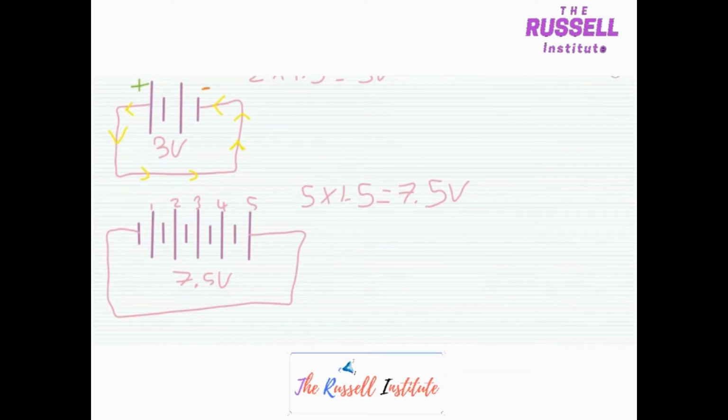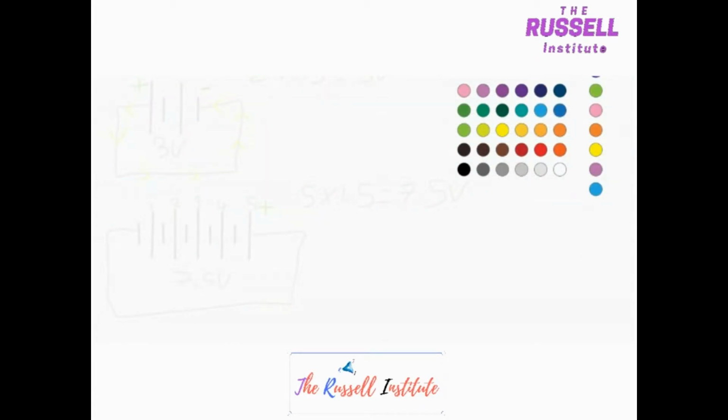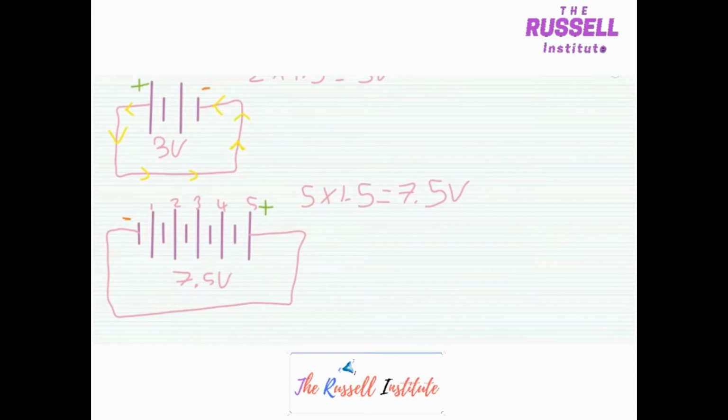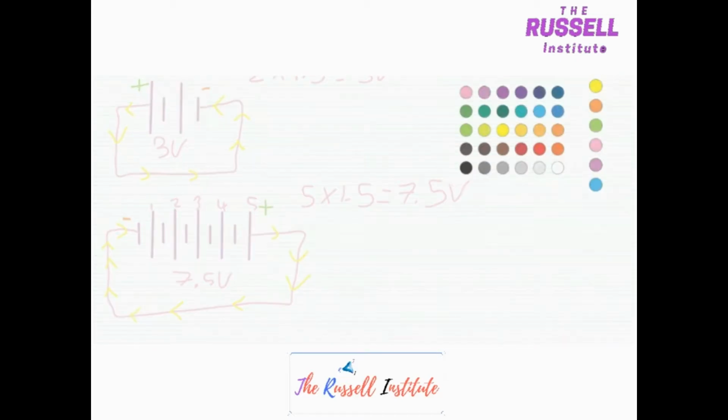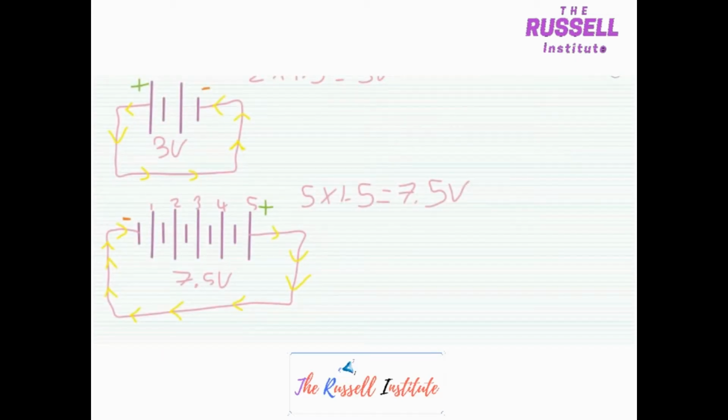Let's remember, our positive side of the battery is the one where there is a long stroke. So this is the positive side. And our negative side is the side where there's a short stroke at the end. So that's the negative side. And current is going to flow from positive to negative. So in this case, the current is going to flow clockwise. So we have a 7.5 volt battery and the current is flowing clockwise.